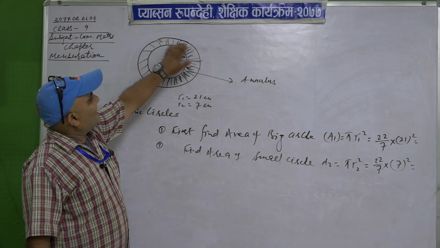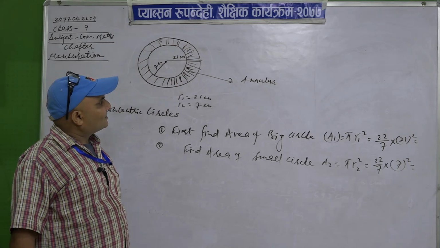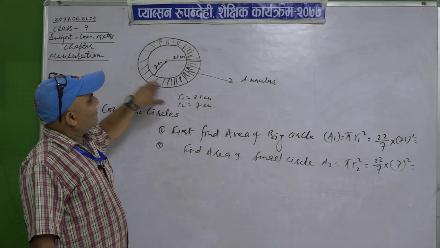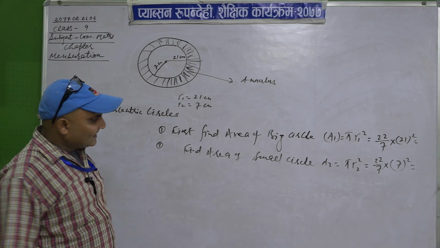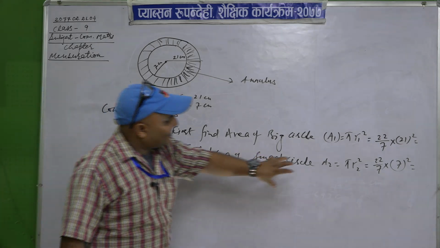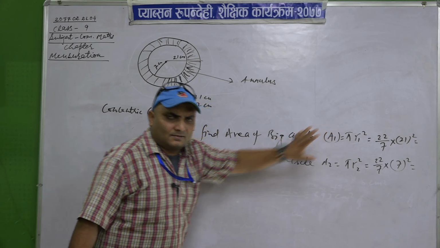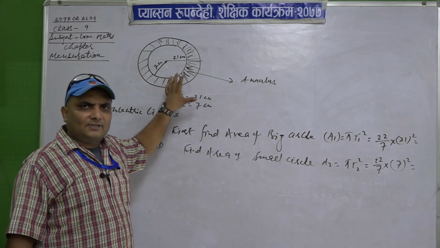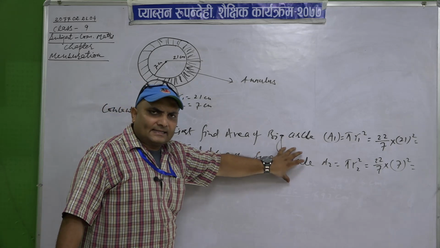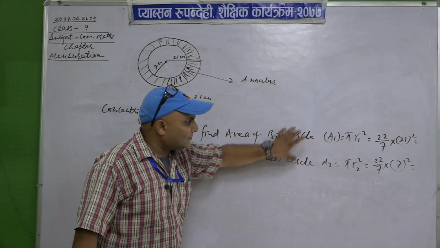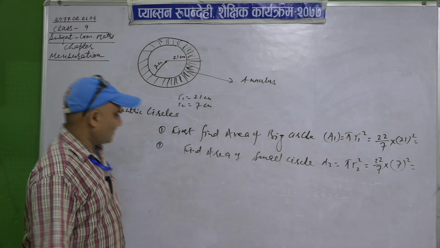And to find this annulus or shaded region, subtract the area of the small circle from the area of the big circle.